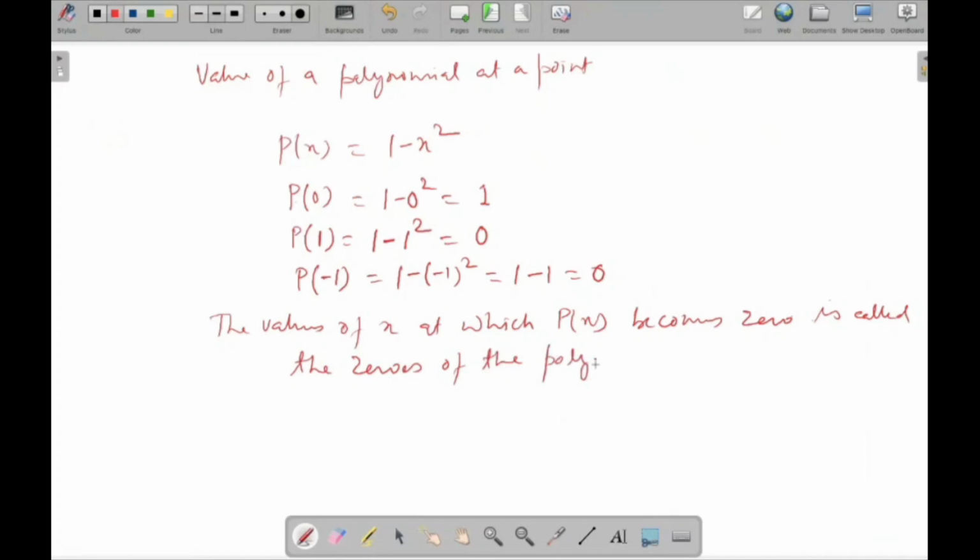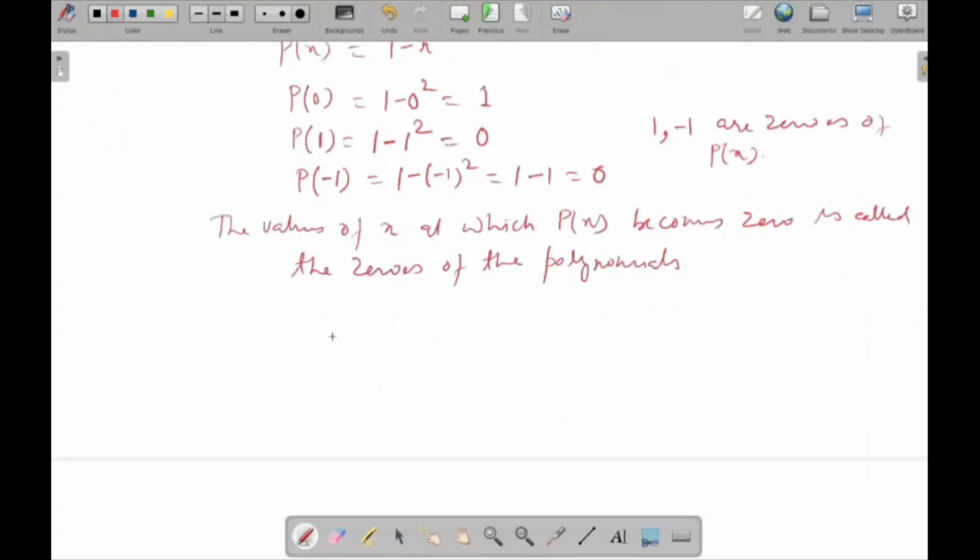We sometimes call these zeros roots as well. So in the above case, 1 and minus 1 are zeros of p(x). So these are called zeros of this polynomial. I hope this is working fine.